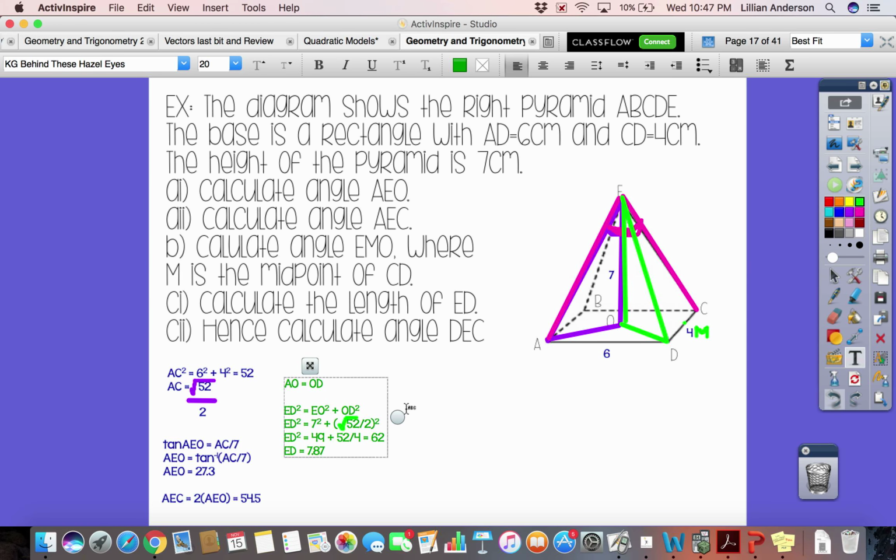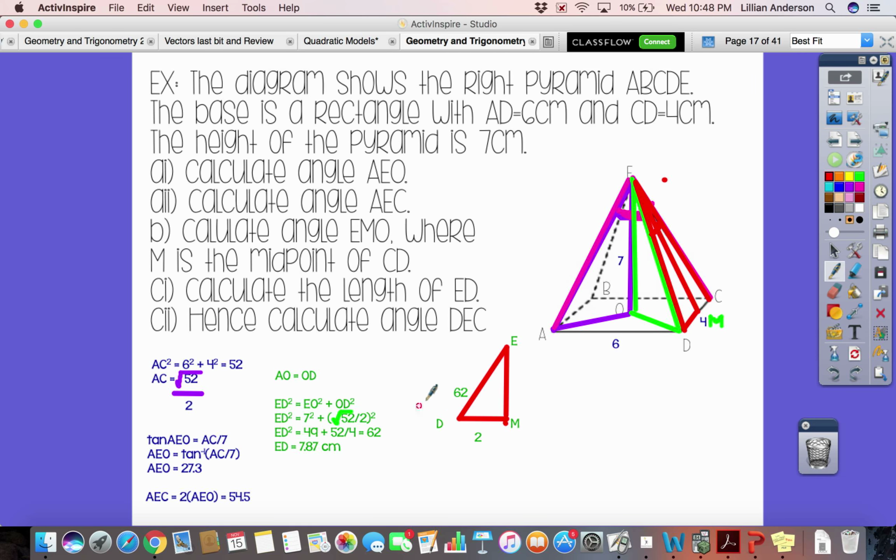I'm going to draw it over here just so everyone can see it. It creates a right triangle where M is the 90-degree angle, E is the angle at the top, and D is the angle at the bottom. We already know that DM is 2 because it's half of 4, and we just found out that ED is the square root of 62.